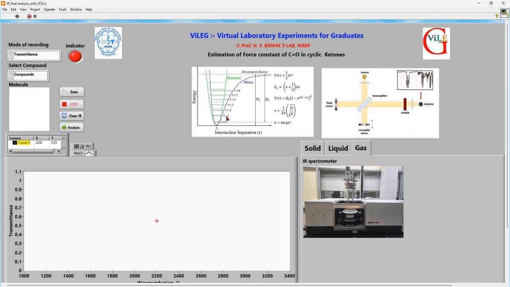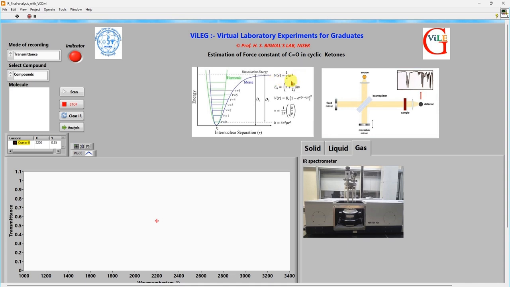And the restoring force is given by Hooke's law, which is F equal to minus Kr, where r is the distance between the two atoms and K is a proportionality constant. We know that force is actually the negative rate of change of potential, which is minus dV by dr. So from that we can have V equal to half Kr square.